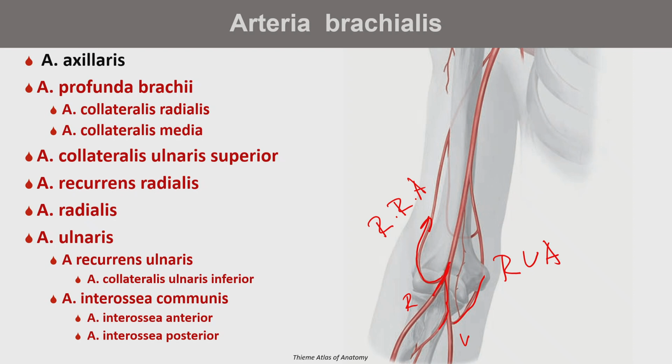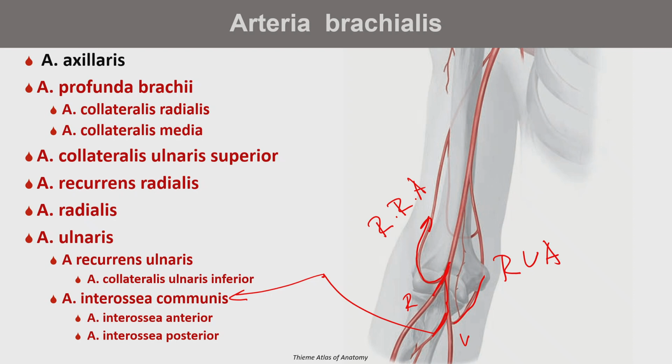And from the ulna there is a very important artery which is called the interosseous. The common interosseous artery is divided in front of the interosseous membrane into two branches. One is dorsal, one is ventral.